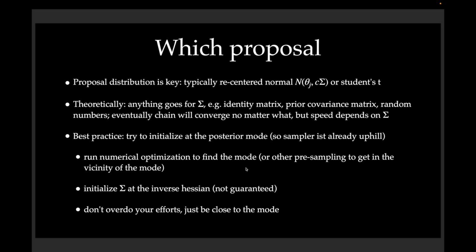This will give you a good choice for the sigma matrix, the covariance matrix of your proposal distribution. However, finding the mode might get really hard, and also the inverse Hessian is sometimes not well behaved. It's not positive definite. So then you have to find other regions or shift it around, try different numerical optimization techniques, or fine tune this Hessian.